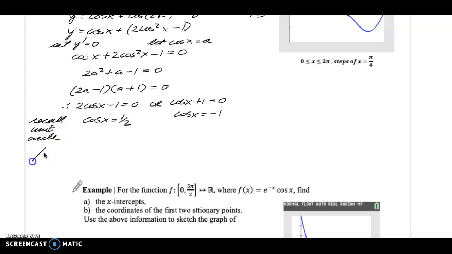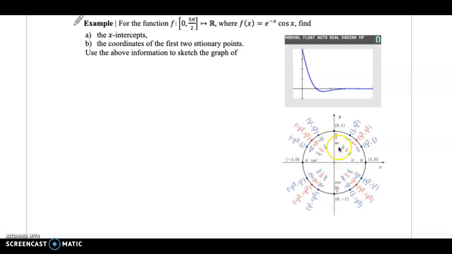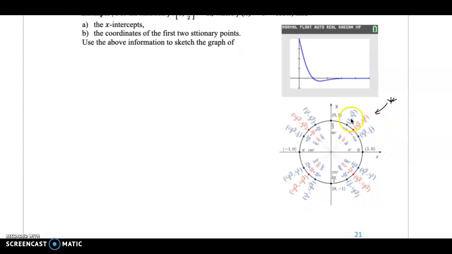Right? And then those special triangles, right? 1/2, right? This would be root 3 over 2, 1. What's going to be helpful is a quick reminder is using this. So you want to use this as your unit circle, right? So this is pretty important. I'm going to use that. Just notice where 1/2 is.